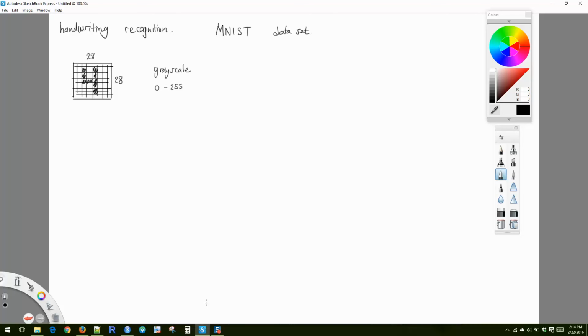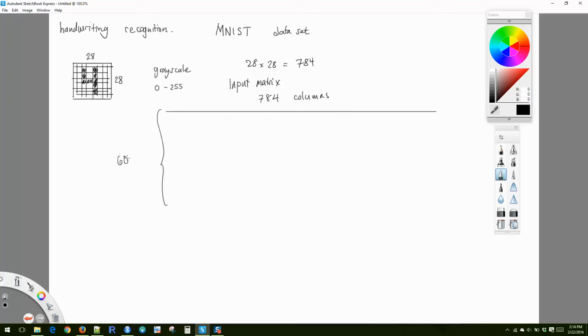Okay? And so the way we're going to format it is, 28 by 28 is 784. And so what we're going to have is each row of our input matrix will have 784 columns. Okay. And then we have a total of 60,000 training images.